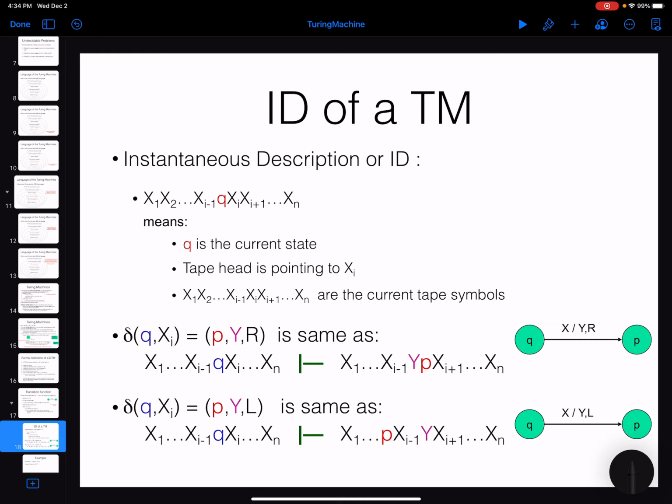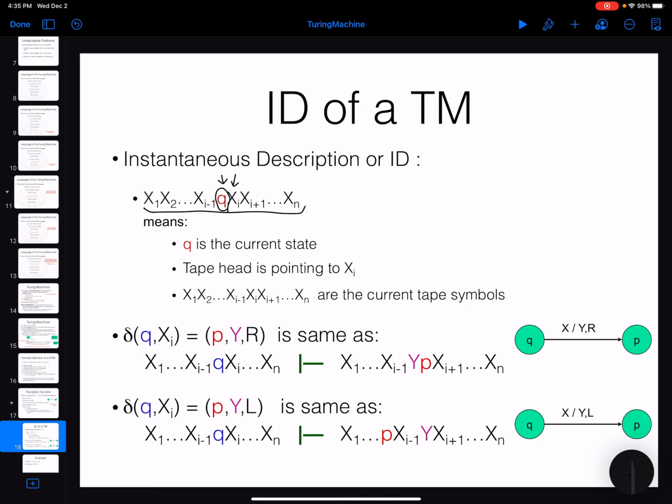For the pushdown automata, we represent the part of the input that remains and the content of the stack separately, but here it's like you combine all of that and show it using just one string. The state Q tells you which state of the finite control you are in, and the position where you put that Q tells you that the next input is going to be xi.